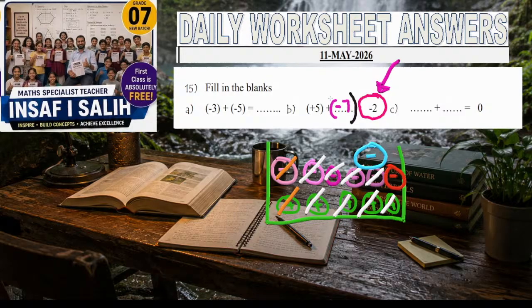Right. Let's look at question B once again. Another way to do it without using the basket story. There are 5 positives and something is going to get added to it. And when the addition happens, the final result is 2 negatives.